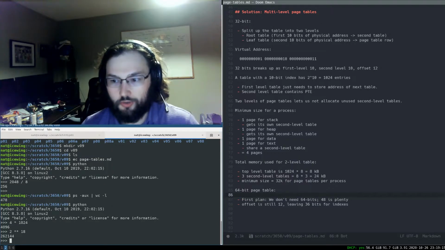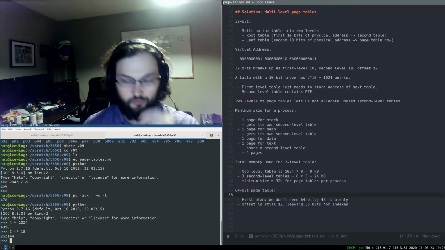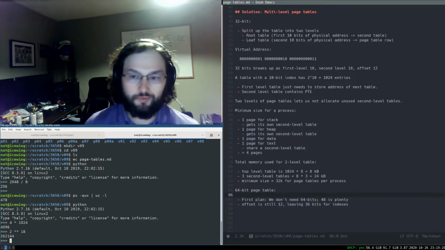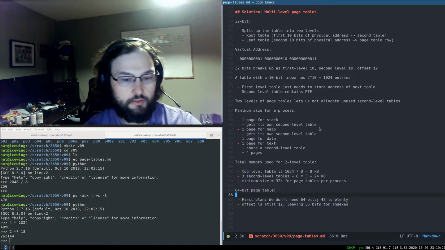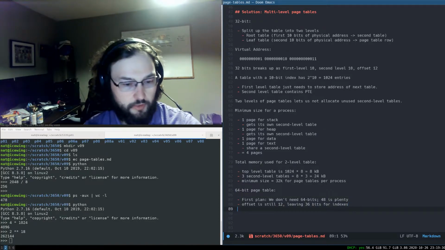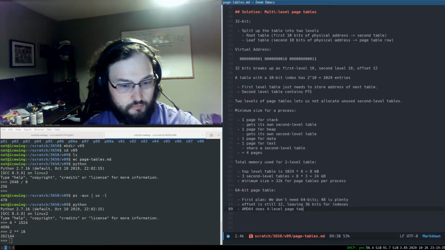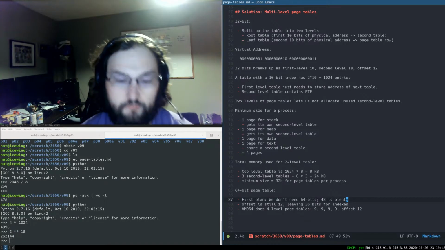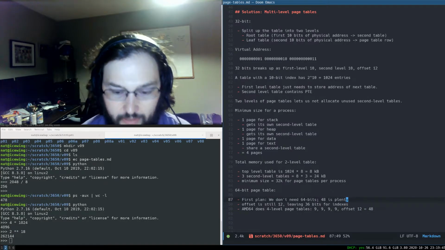We could use 200 megs of page table for every running process, and that would be possible. But we don't want to deal with it. So rather than having 2-level page tables, AMD went with 4-level page tables. So we have 9, 9, 9, 9, and then an offset of 12 for a total of 48.